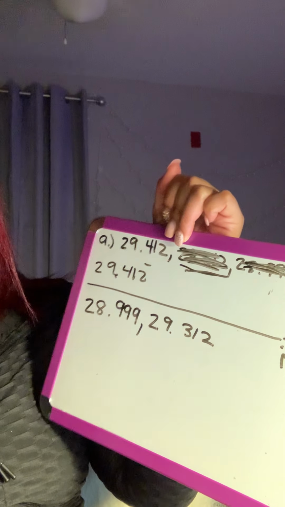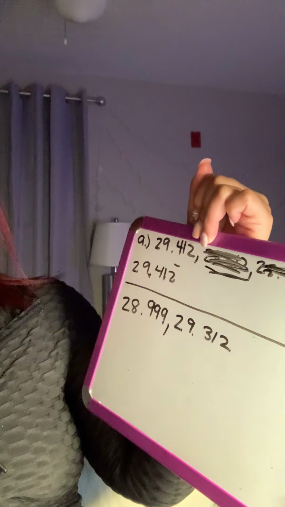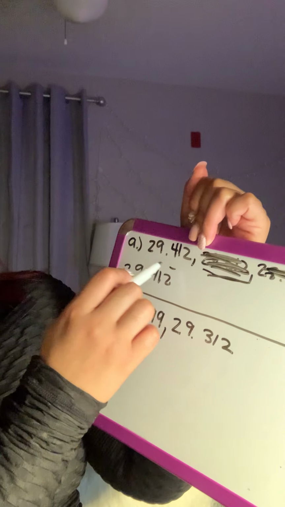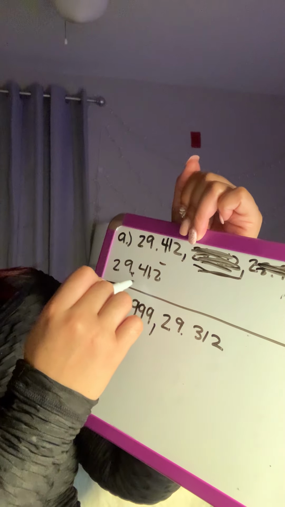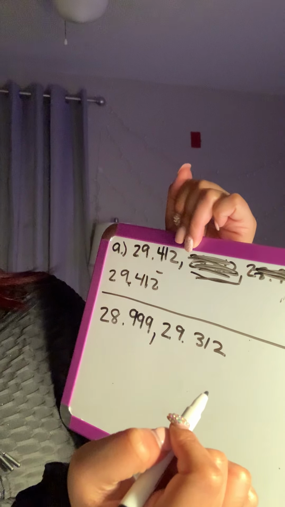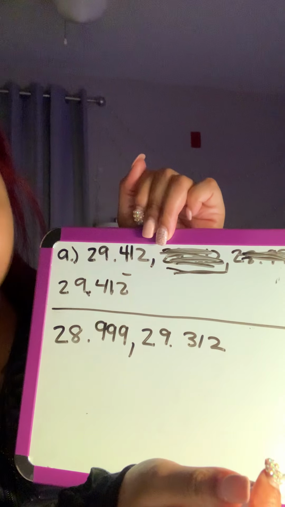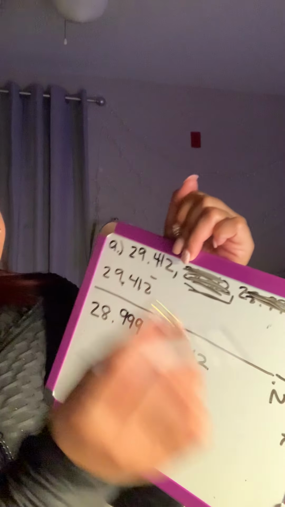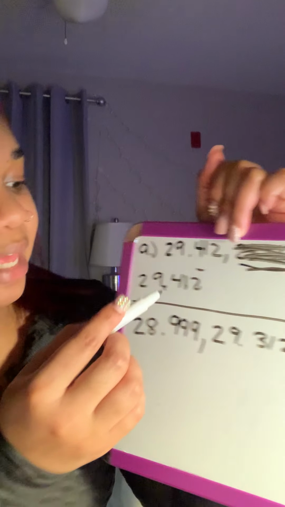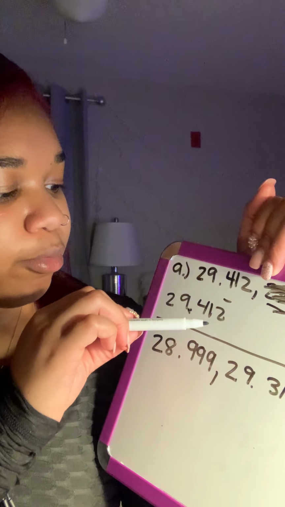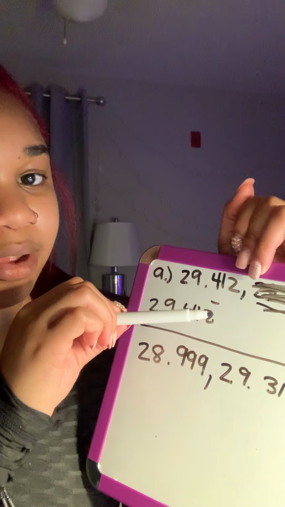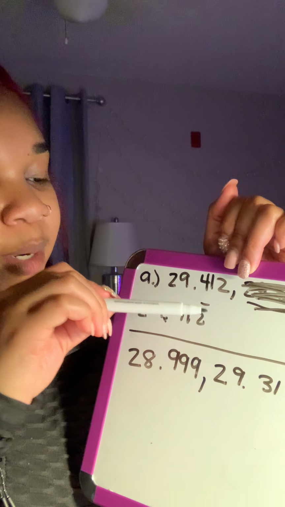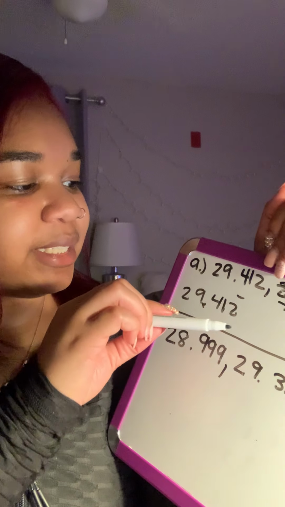All right, and then you have 29.412 and 29.412 left, but these are not the same number. They're the same digits, but this 29.412 has a line on it because it is a repeating number. It repeats itself.